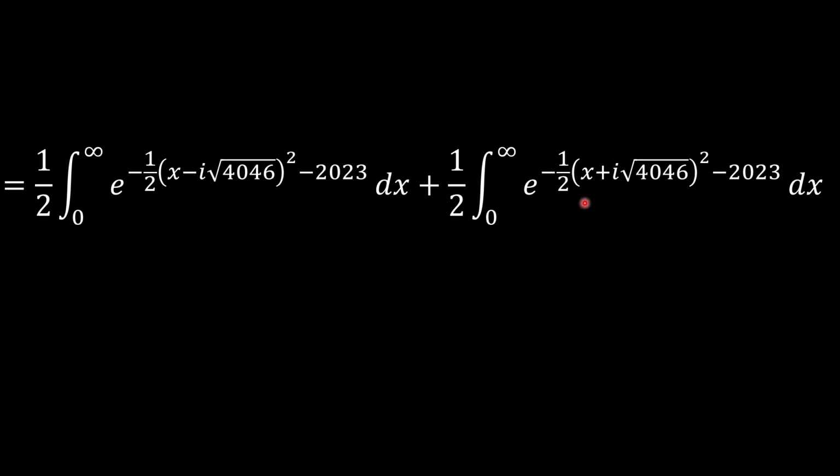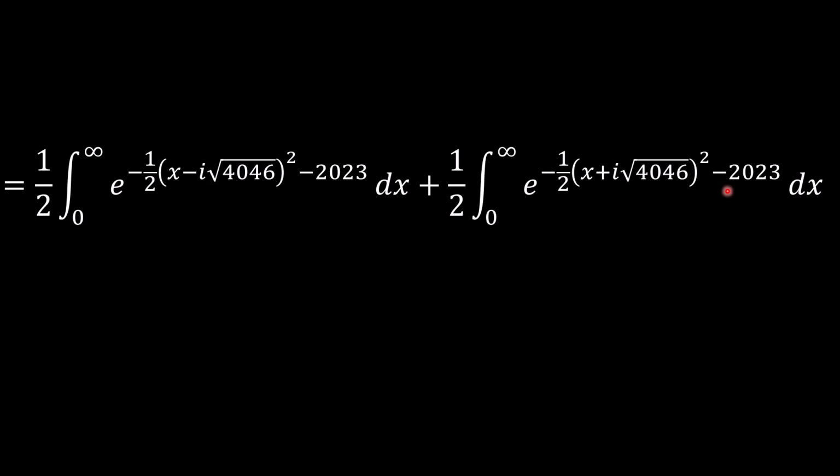The same thing is done on the second integral. This is just something that comes up: x squared plus, for example, 2bx is the same as x plus b squared minus b squared.